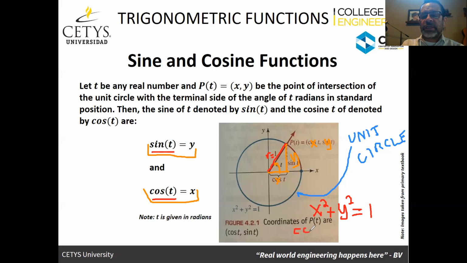It says that cosine squared of t plus sine squared of t equals 1. So many of the trigonometric identities that we're going to be working with come out of this concept.